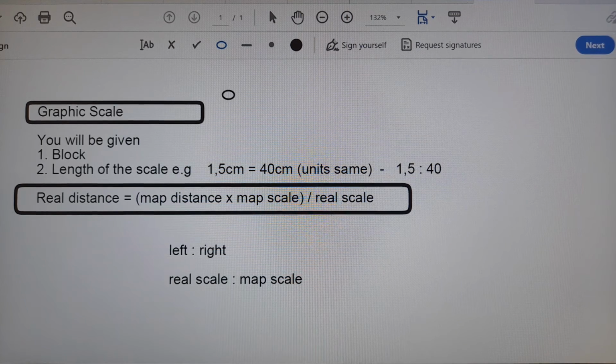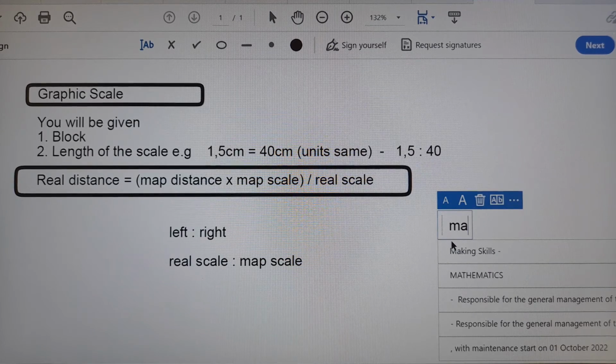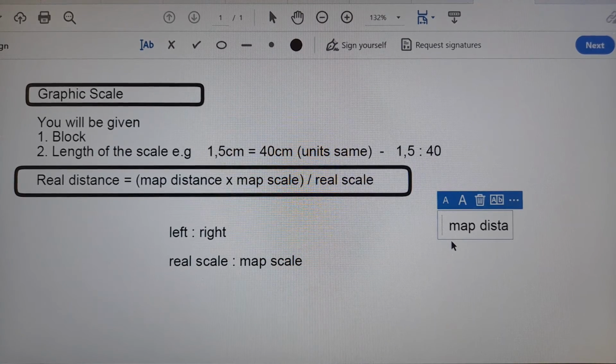Let me write here that the map distance, you always measure it on the map. Map distance is measured on the map.